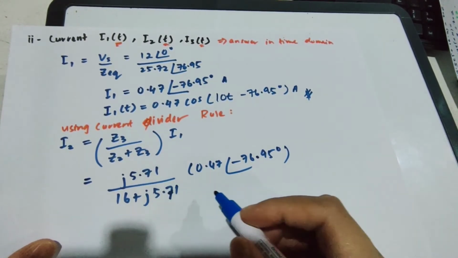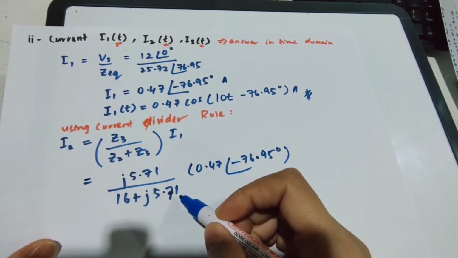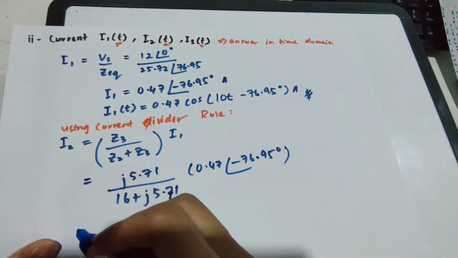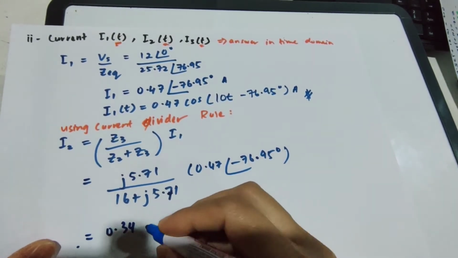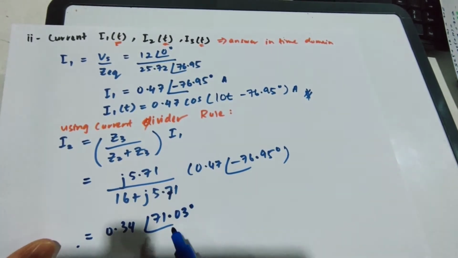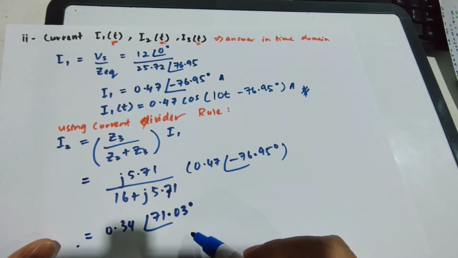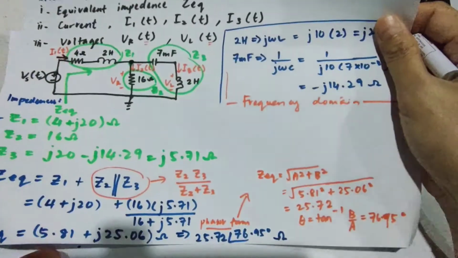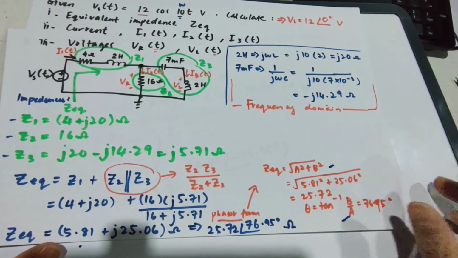So as usual, we solve for the complex number and get it into phasor form, 0.34 at 71.03 degrees. Converting from a complex number to phasor form uses this formula and this formula.